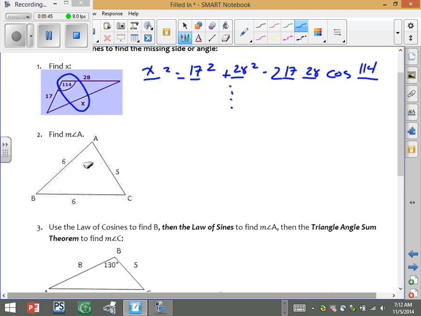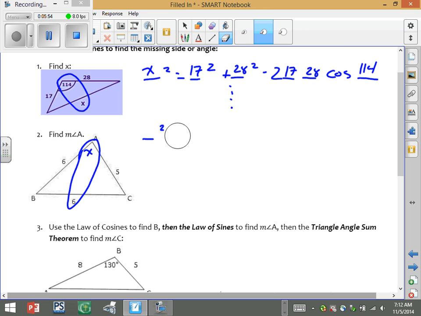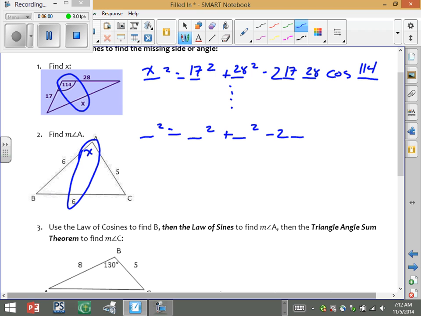And if we look at number 2, it's a little bit different if we find the measure of angle A. So now all of a sudden when you do your law of cosines, blank squared equals blank squared plus blank squared minus 2 blank blank cosine of blank, now all of a sudden the angle, x, is now over here with cosine. And we can go ahead and put, there's 6, it's across from it, and then your other two sides, 6 and 5.